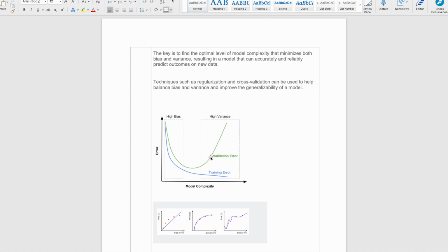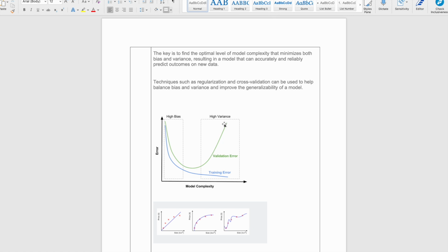But for the same model, what will happen for the validation or the test set? It will not generalize well. The higher degree polynomial is capturing the noise. It has high variance. It will not generalize well, and your validation error will start going up in the high variance area.